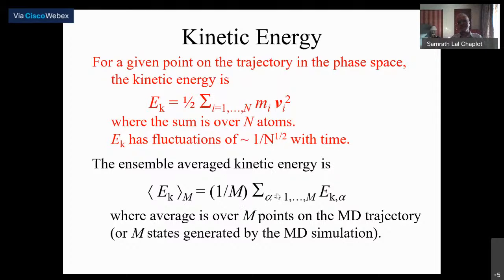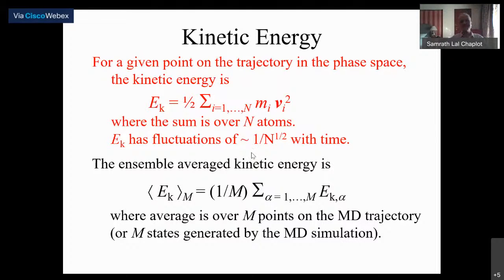The reason we do an ensemble average is that this value of the kinetic energy of a finite system of n particles actually has fluctuations, which you might understand easily, that are of the order of 1 by root of n. So the larger the number of atoms in my supercell, the smaller the fluctuations.